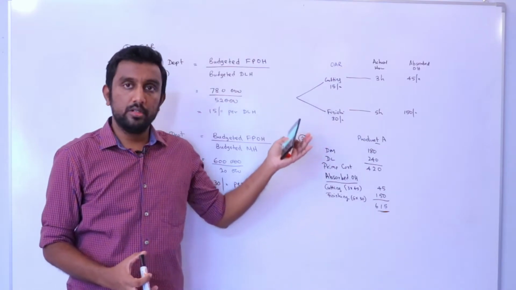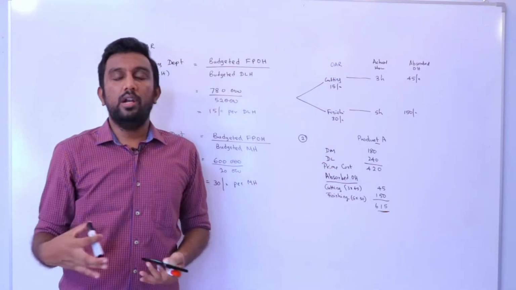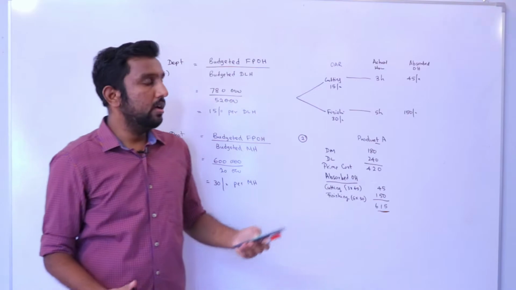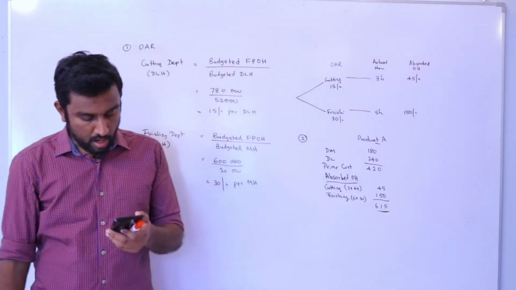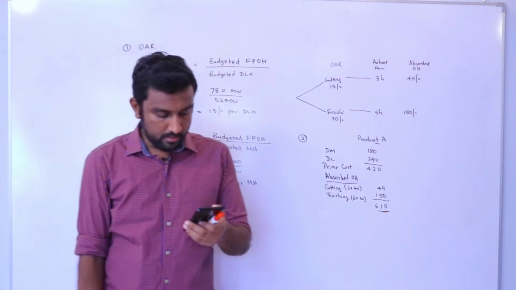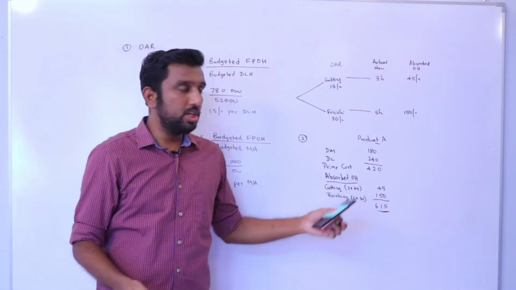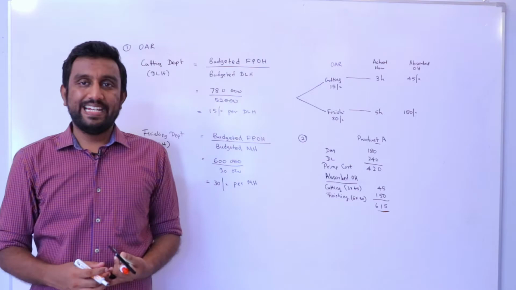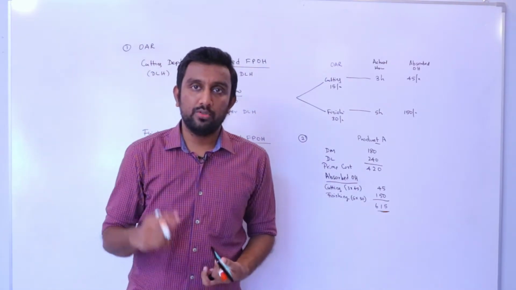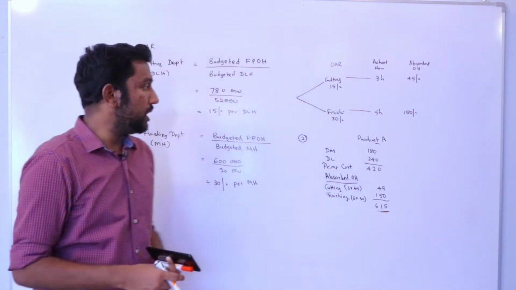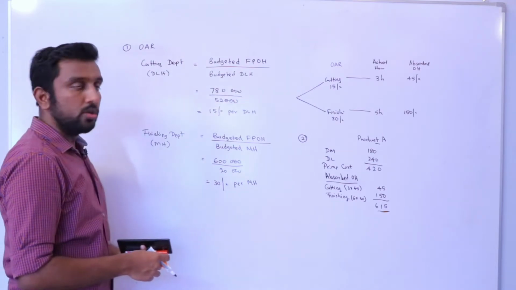So working is important. To find the answer, then you have to apply that answer for the requirement. The third requirement is total cost at 1000 units. I found the production cost, right? 615 is the production cost for a unit. The question is total cost.